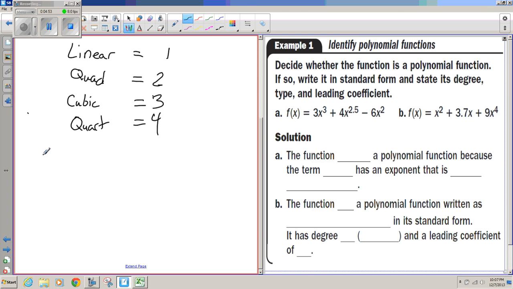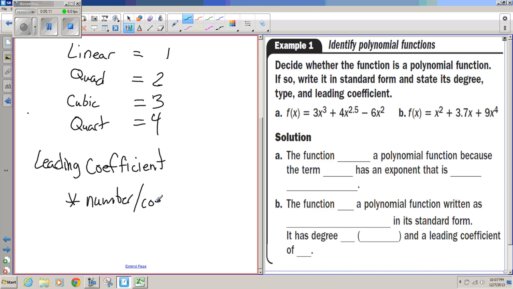Also, you should be able to determine the leading coefficient. The leading coefficient is the number, or coefficient, of the degree term.